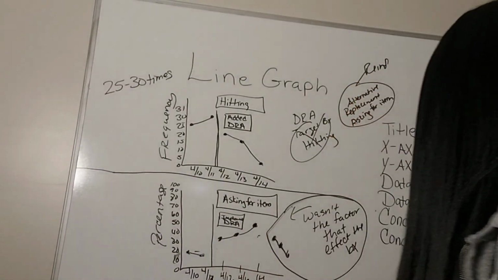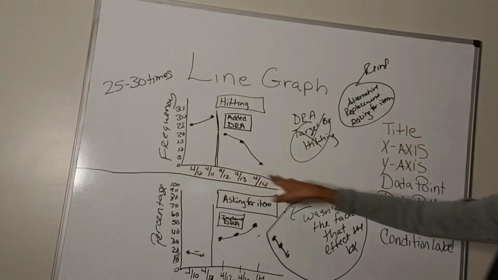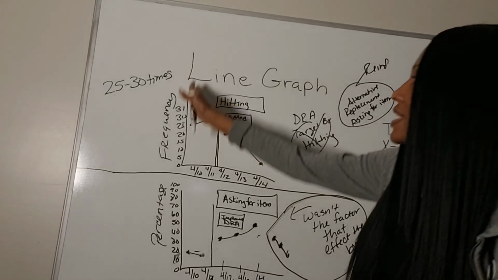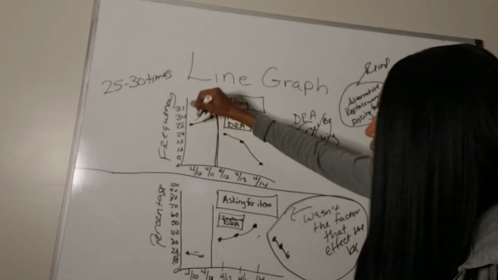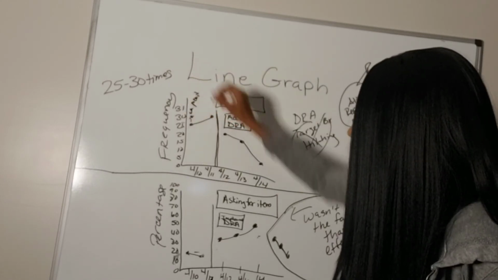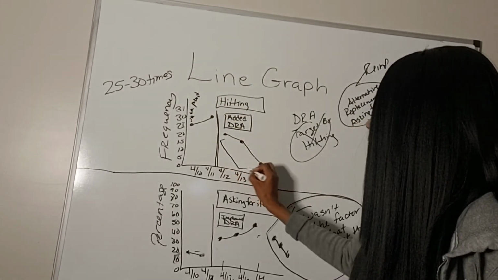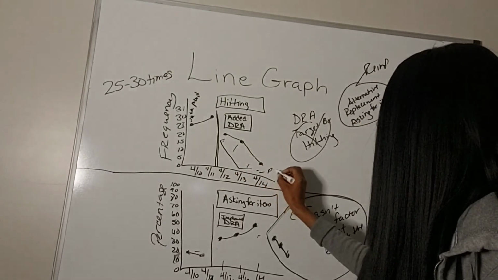So just for the RBT, just remember you need a title. You need to know where your x-axis is. You need to know that this is your y-axis. You need to know that one point by itself is a data point. You need to know that this is a data path. The multiple points equal a path.